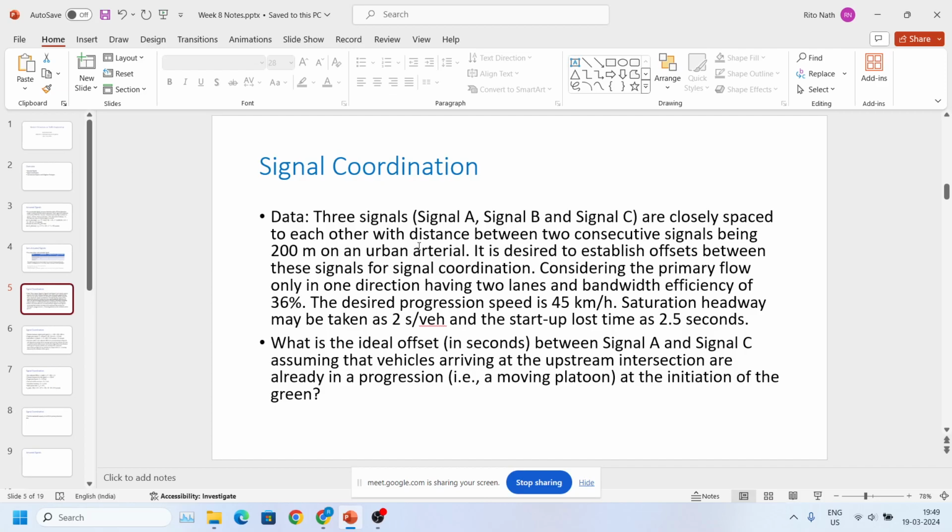Yeah, you were also given this 36% as the bandwidth efficiency. So considering the primary flow in only one direction having two lanes, the bandwidth efficiency is given as 36%, and you have an expression of this BW by C from there. Number of lanes you know and the saturation headway you know. So from that you have to find the final answer.